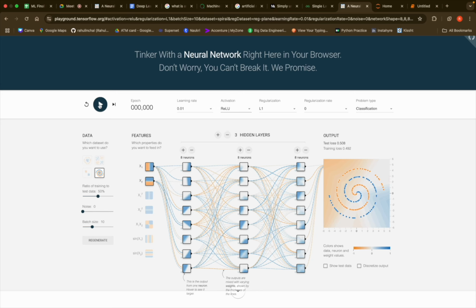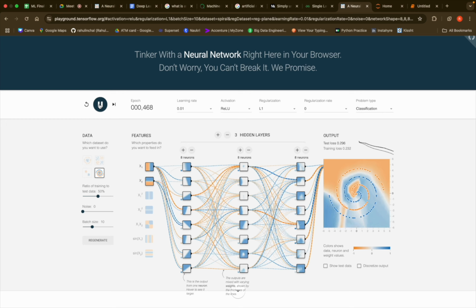All right, so let us see now. It is trying to understand, right? Yeah, it is trying to, but is it decreasing? Is it decreasing? Yes, just a second.